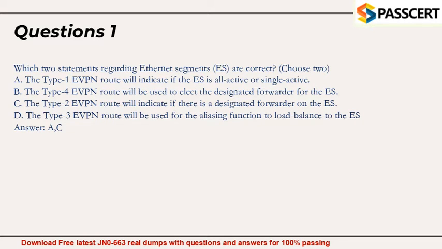C. The Type 2 EVPN route will indicate if there is a designated forwarder on the ES. D. The Type 3 EVPN route will be used for the aliasing function to load balance to the ES. Answer: A, C.